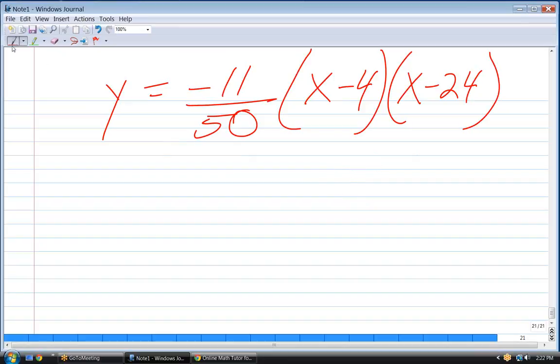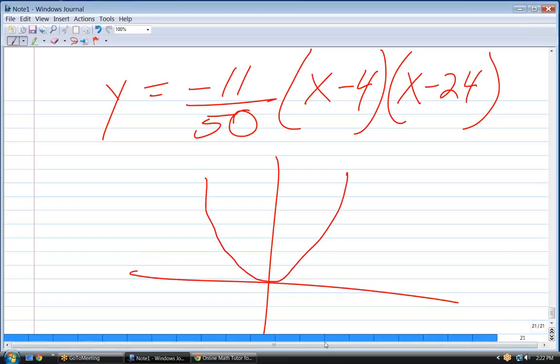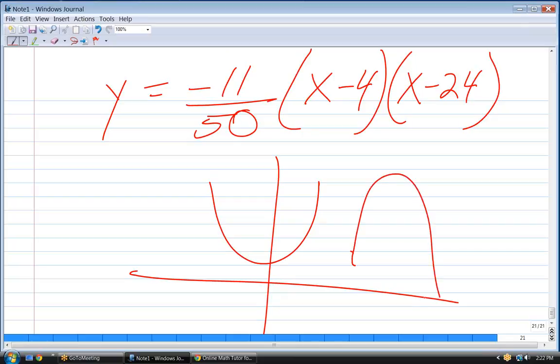Another thing to know about quadratics is they are parabolas. They look like that or they look like that. That's it. They don't ever look like this. They're either a vertical parabola that opens up or they're a vertical parabola that opens down.